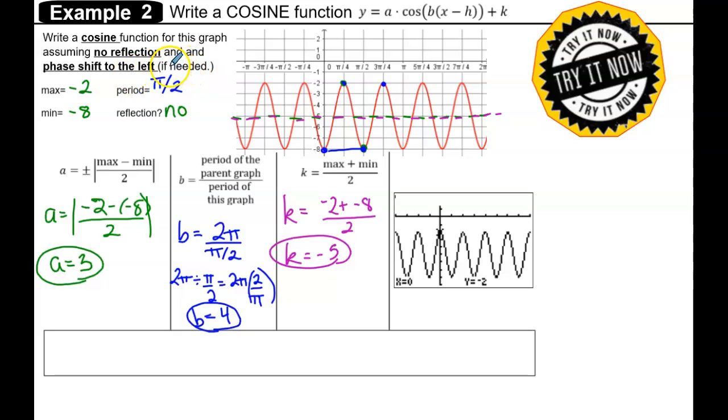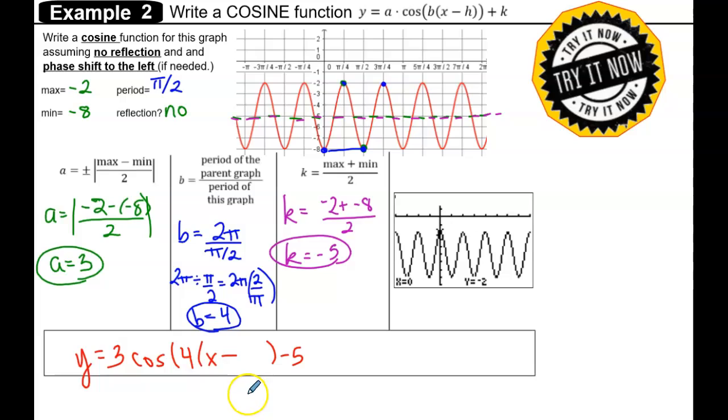To determine if one is needed or not, we're going to need to sketch the graph of what we've got so far, which is y equals a, that's 3, cosine of the quantity, and then our b is 4, x, then minus, we'll leave a space for h, and minus 5 is the k.